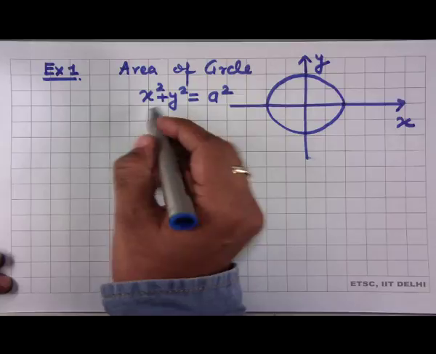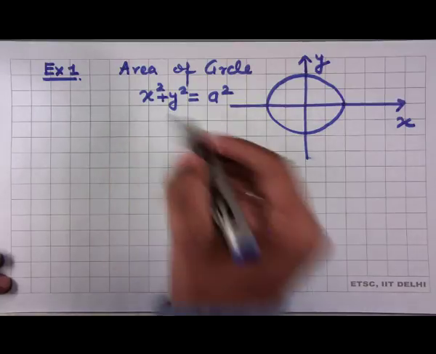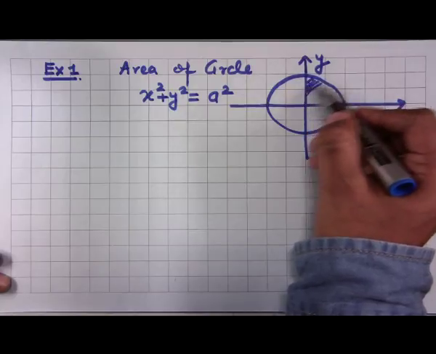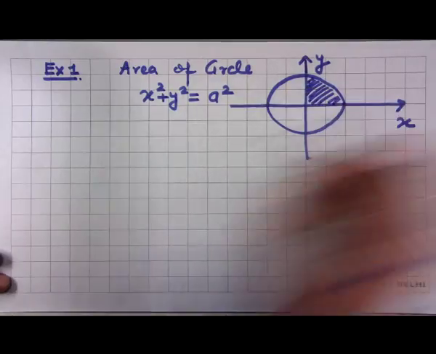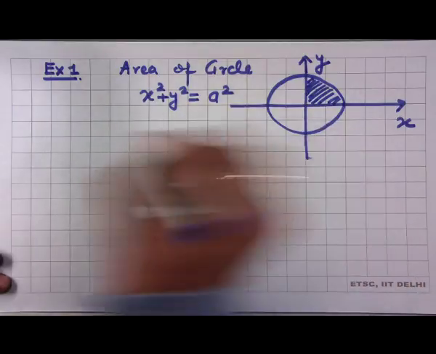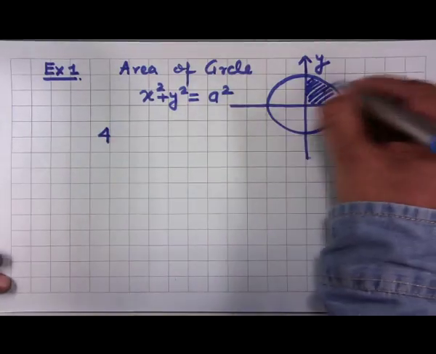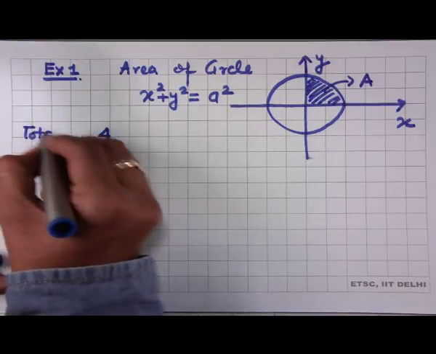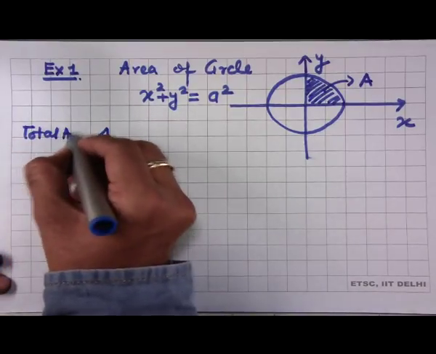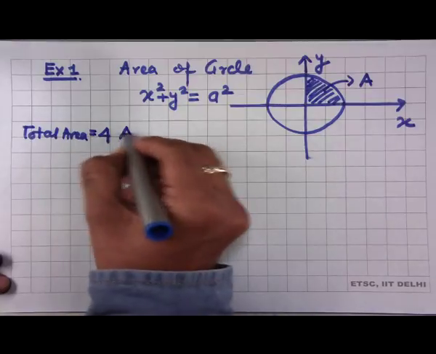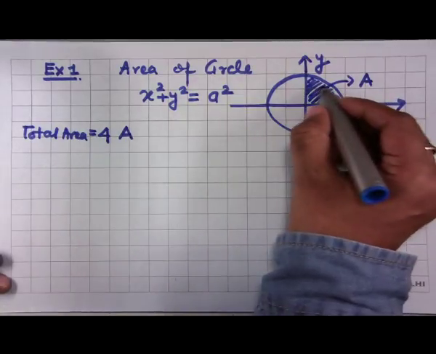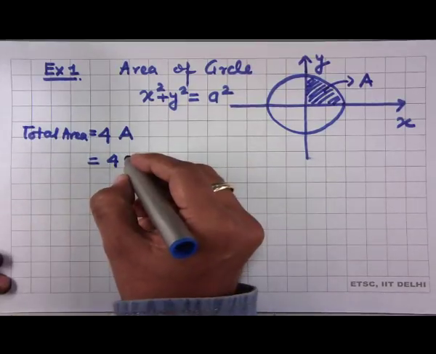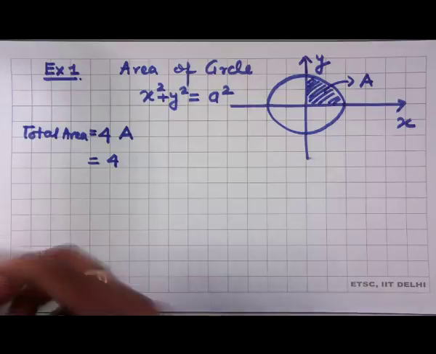You know that the circle is symmetric about both x and y axis, so the total area of the circle is also symmetric. So if we evaluate this area, then we can multiply it by 4. So if this area is A, the total area is 4 times the area of this circle which is lying in the first quadrant. So 4 into A.